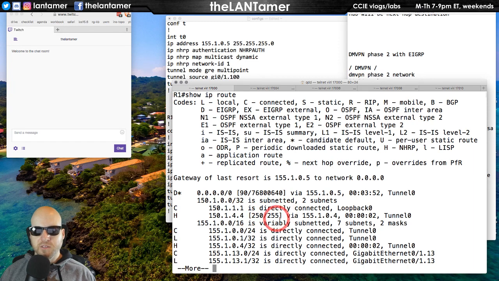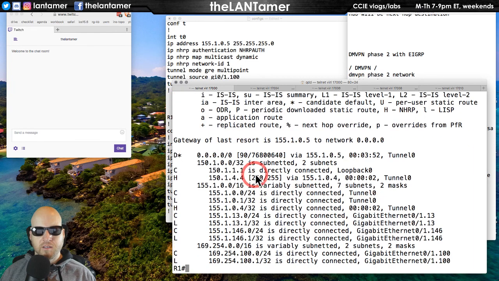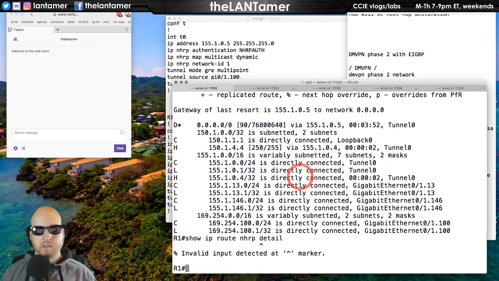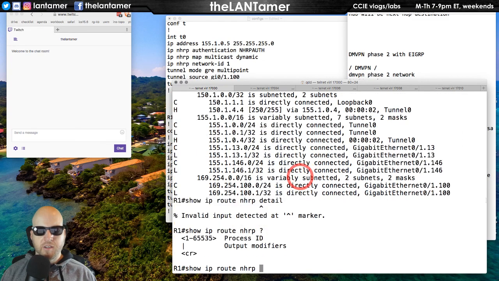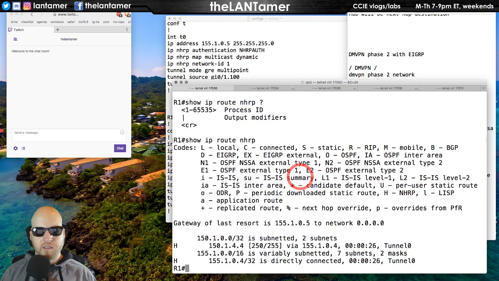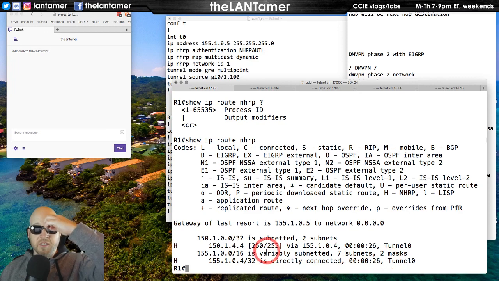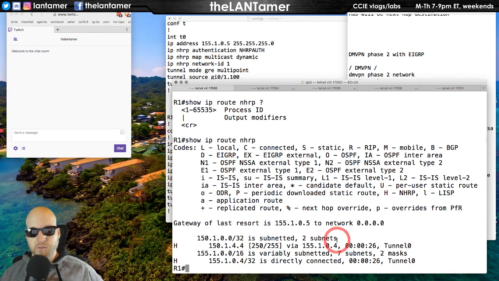The AD is 250, the metric is 255. Show IP route NHRP. Interesting. So once we establish a tunnel, we now have routes to both networks that are being advertised there.